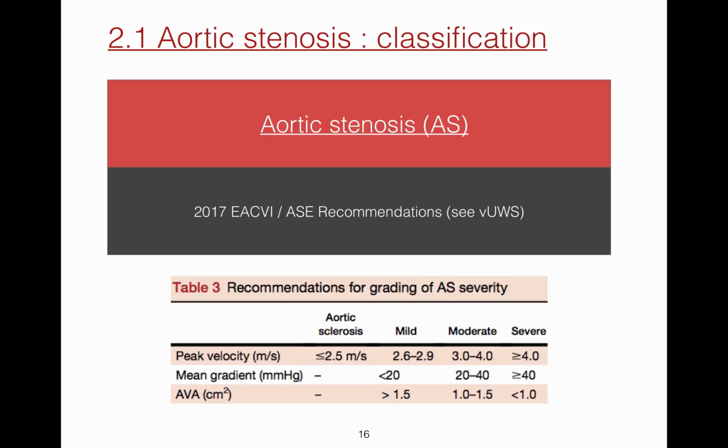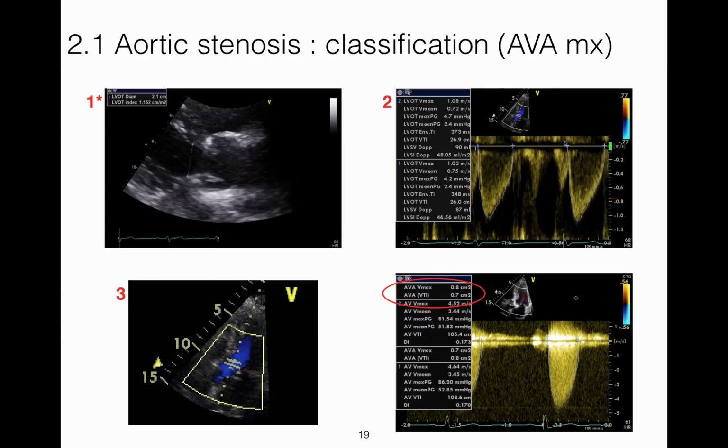One point about the recommendations is that an overall severity grade should be based on a combination of all three measurements. To recap, the three measurements needed to calculate the aortic valve area using the continuity equation are the 2D left ventricular outflow tract diameter, the LVOT VTI using pulse wave Doppler, and the aortic valve VTI using continuous wave Doppler.